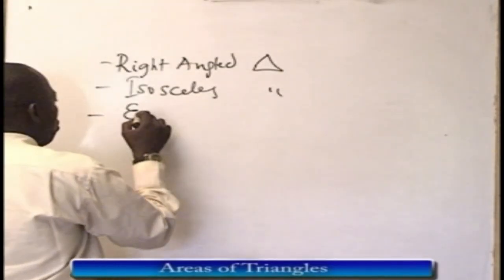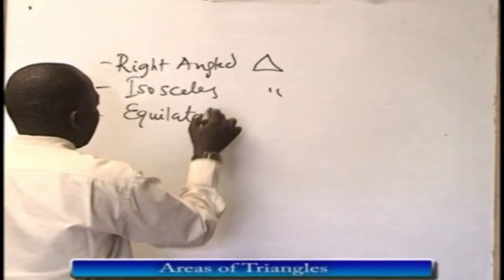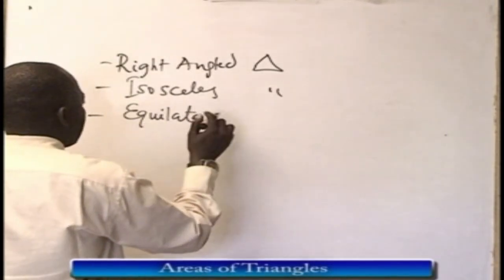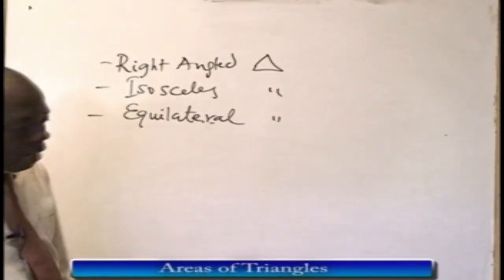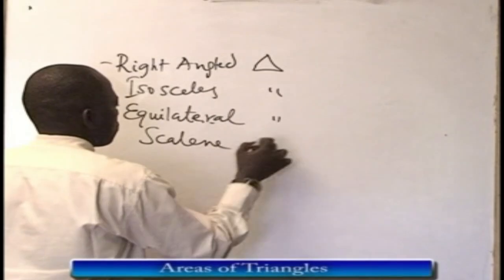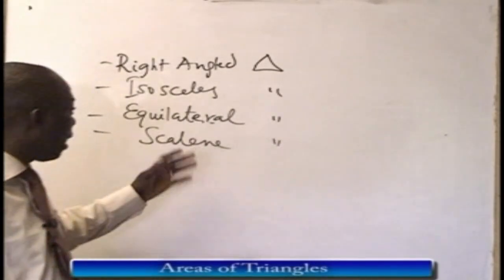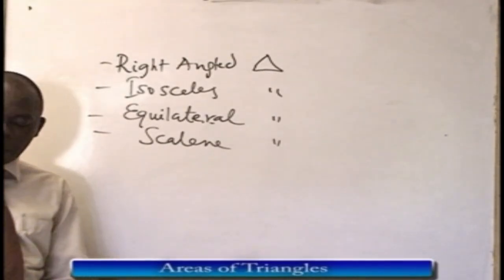We have the equilateral triangle. And then finally we have the scalene triangle.